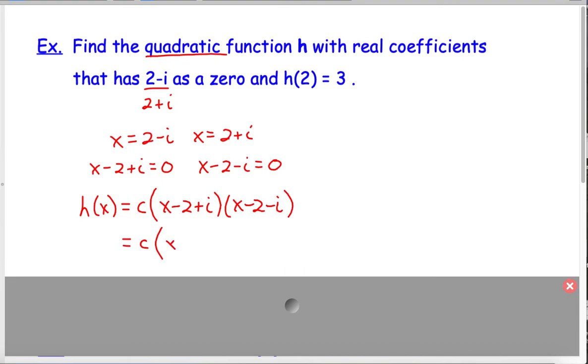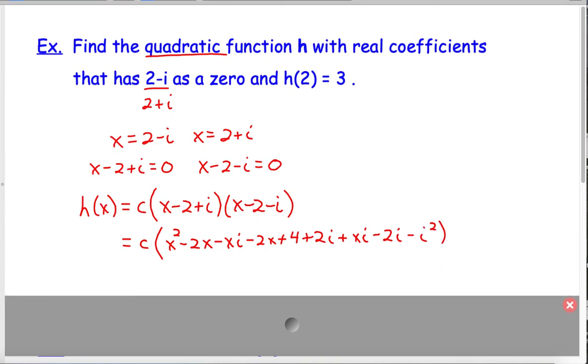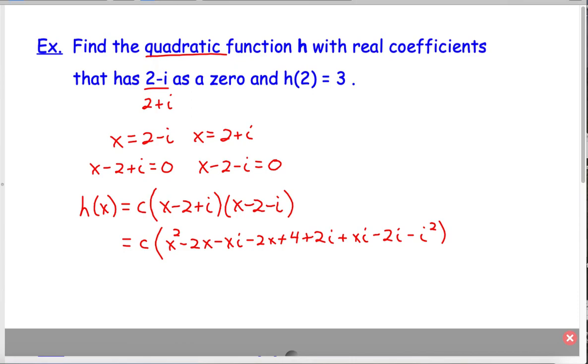x times x gives me an x squared, and we have a negative 2x minus xi minus 2x plus 4 plus 2i plus xi, or ix, minus 2i, and minus i squared. So let's combine some like terms.